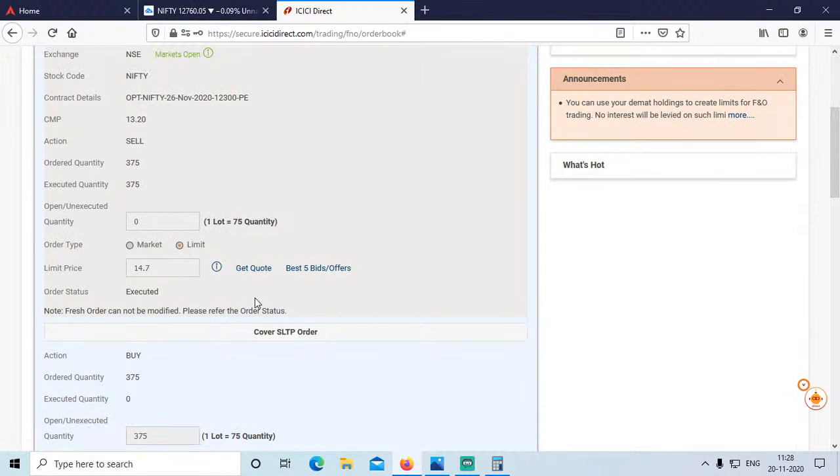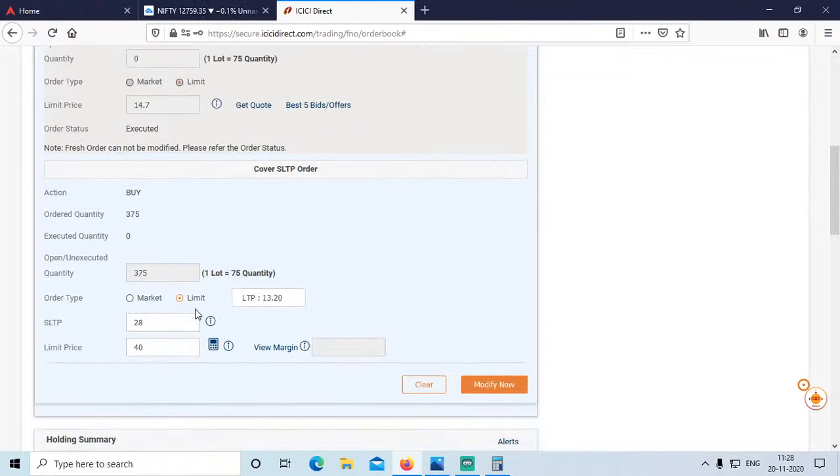Modify. From 28 modify to 27 and click on this.